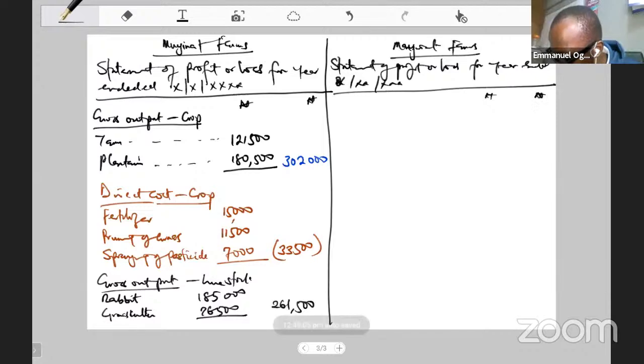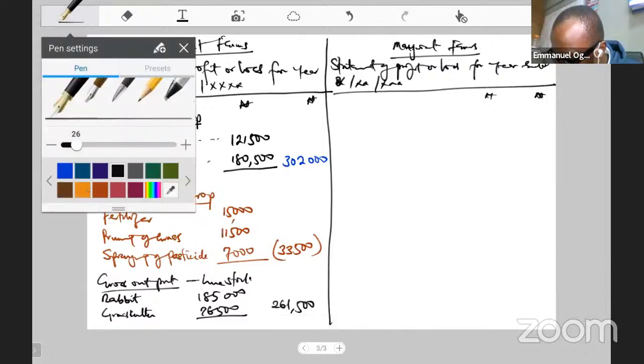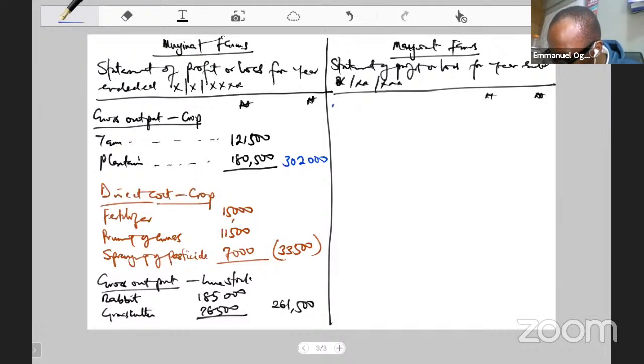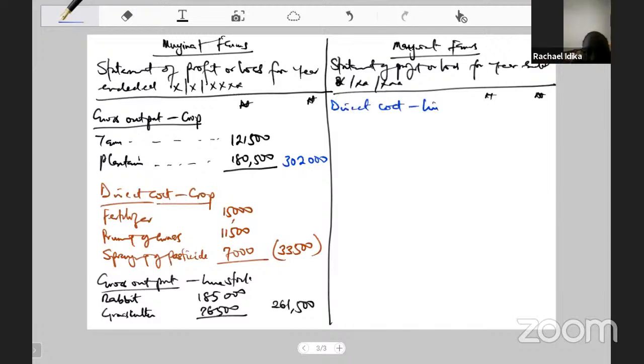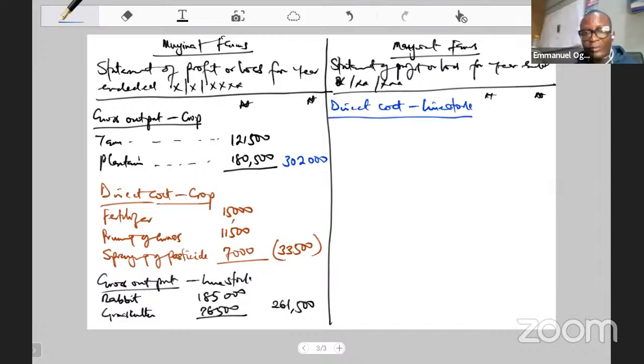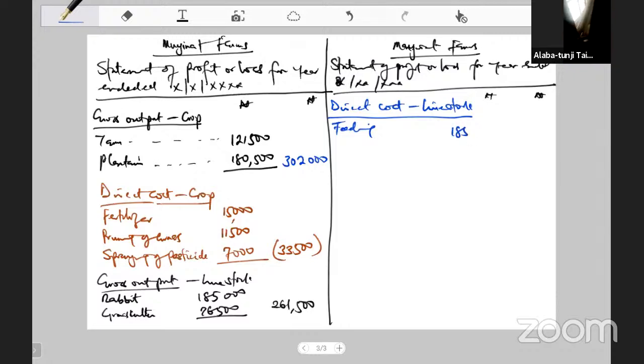So what are we going to continue with now? Direct cost. And the direct cost for who? Livestock. So what are the direct costs for livestock? You have it in the question which I projected earlier. What are the items? Feeding of livestock. How much? 16,500.